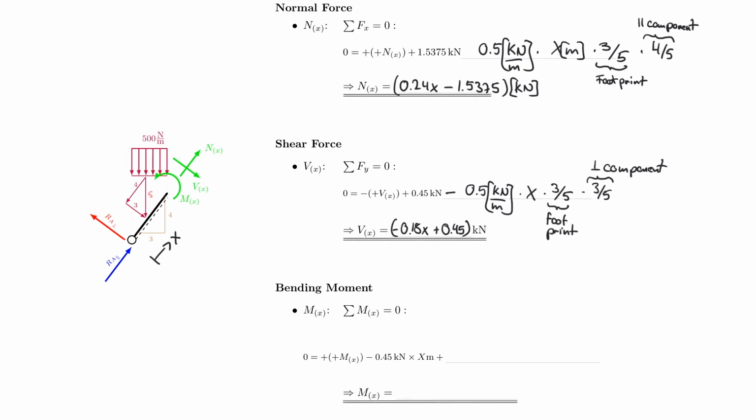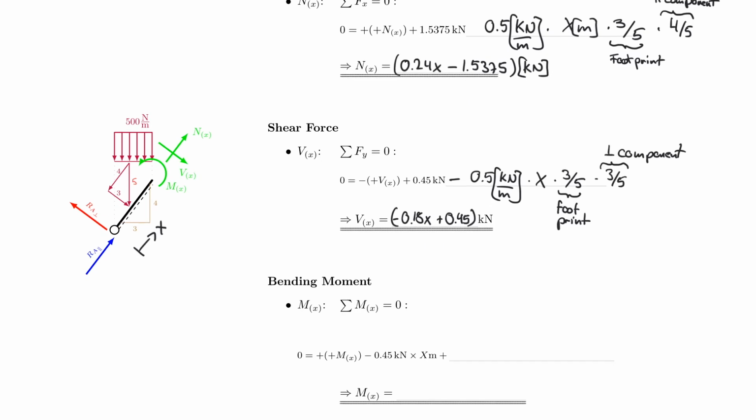And now I can move on to the bending moment, which of course is the integration of the shear force. So we can use the same logic there again. Let's do that. So counterclockwise positive, as always. And I already have included my moment here, which is turning counterclockwise.